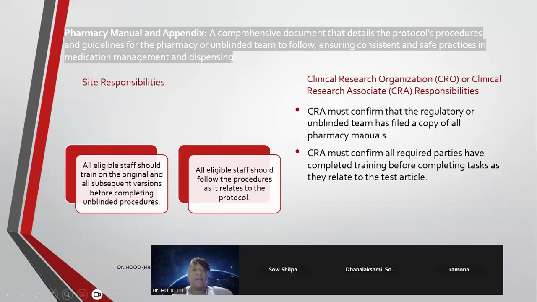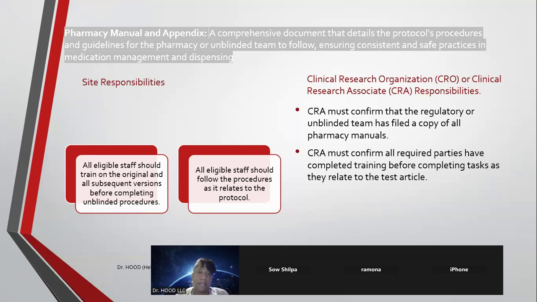Okay, good. So the pharmacy manual is a comprehensive document that details the protocols, procedures, and guidelines for the pharmacy or the unblinded team to follow in ensuring consistent and safe practice in medication management and dispensing. So that pharmacy manual is basically your mini protocol.